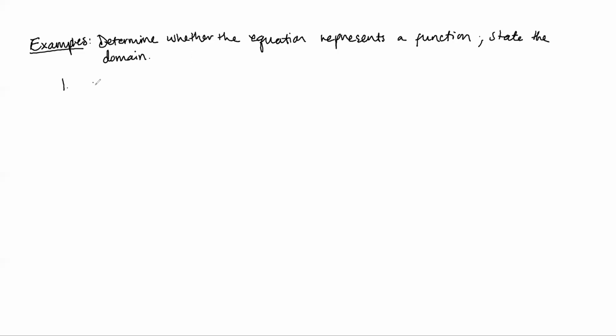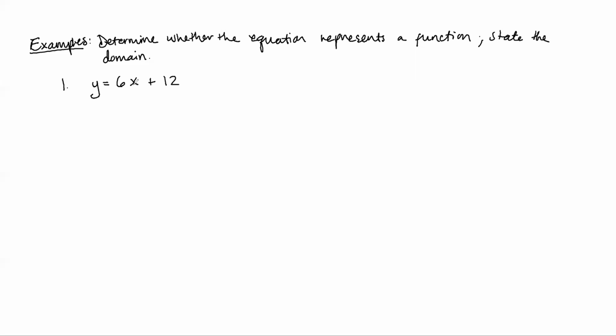So number one here, we're given y equals 6x plus 12. Now, hopefully you recognize this equation. This one is linear. So what we're going to do is we want to figure out if, going back to our definition of a function, every x has exactly one y. So if there is any way for us to plug in an x and get two different y values, then it is not a function.